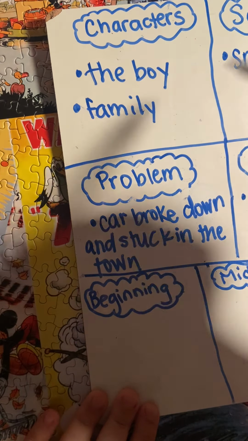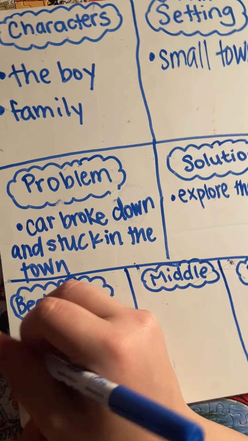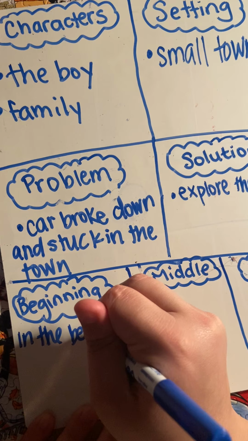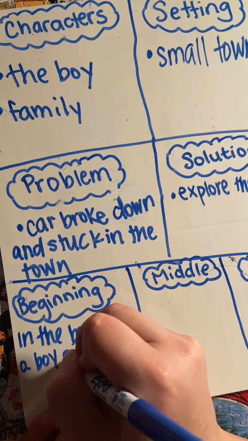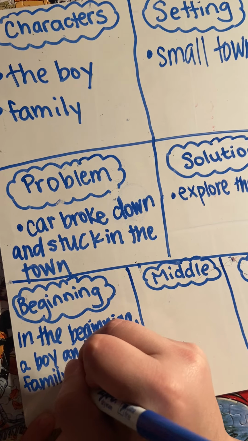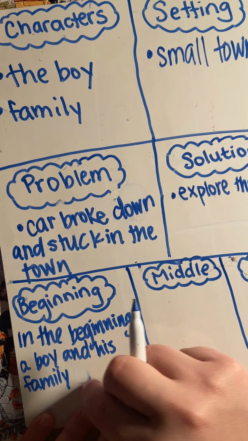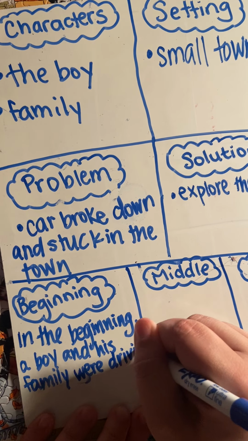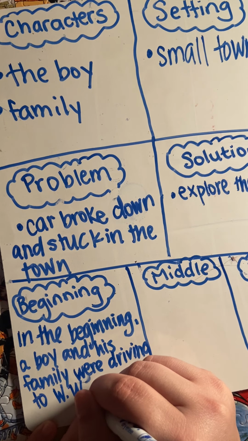Remembering, the beginning includes the characters and setting of the story, so we say, in the beginning, a boy and his family were driving to Wally's Wonderland Amusement Park.